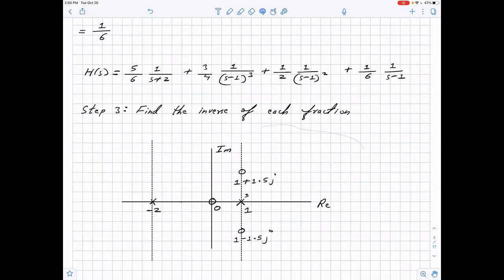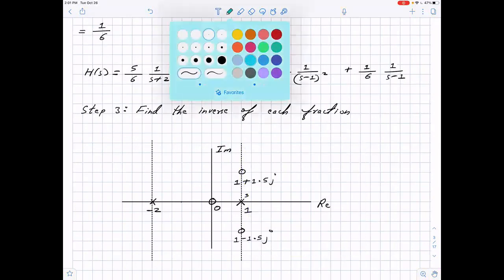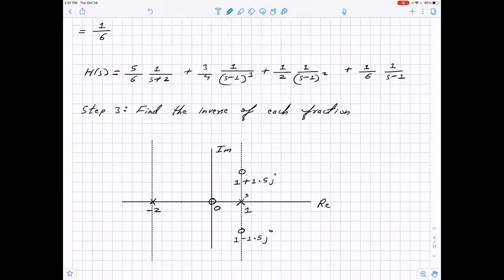If we take this ROC, which is to the right of the pole at s equals 1, that would make our system causal, but it would be unstable because it wouldn't include the imaginary axis. So the only choice for ROC that would meet the constraint that the system is stable is this, the one between the pole at s equals -2 and the pole at s equals 1.